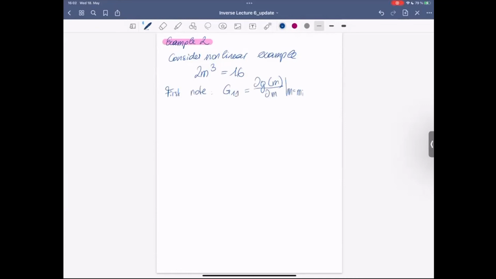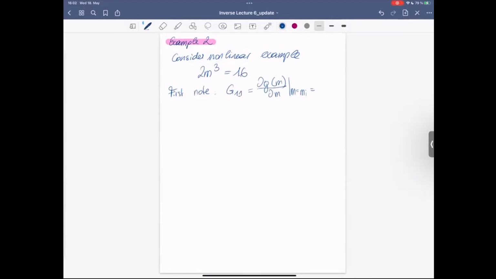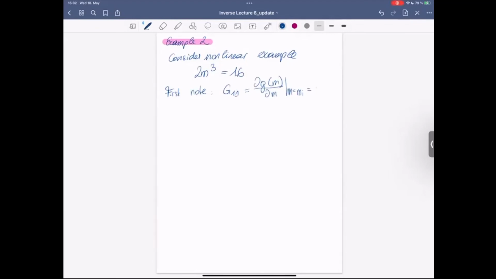The i here denotes the iteration for which we are solving. Here we are deriving this part 3 times 2mi squared, so it's 6mi squared.